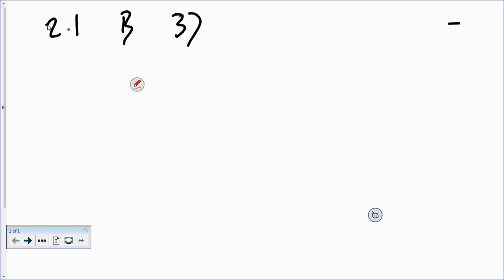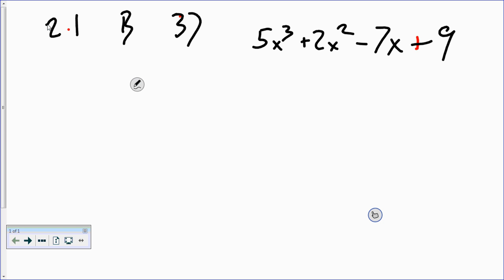I'm sorry about the sound the board makes, guys, every time I hit it with the marker. I'll get softer markers next time. The only one, obviously, if you want to keep it as a third degree, this has to stay. So you can cross out this one, you can cross out this one, and you can cross out this one.